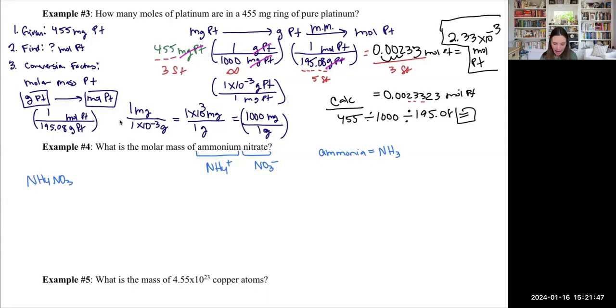To get the molar mass, remember we have to look at the periodic table. So for ammonium nitrate, we're going to count how many of each atom we have and the mass of each from the periodic table. So for nitrogen, I have 2, hydrogen, 4, and oxygen, 3. So we're going to look at the periodic table for the mass of nitrogen, hydrogen, and oxygen.